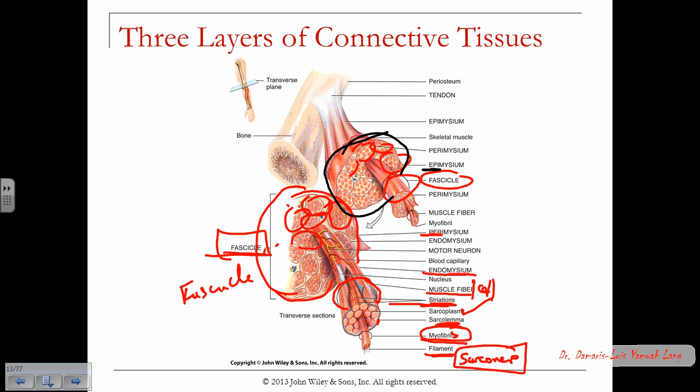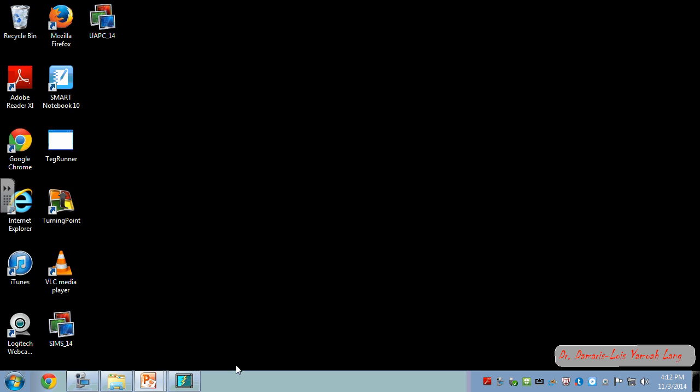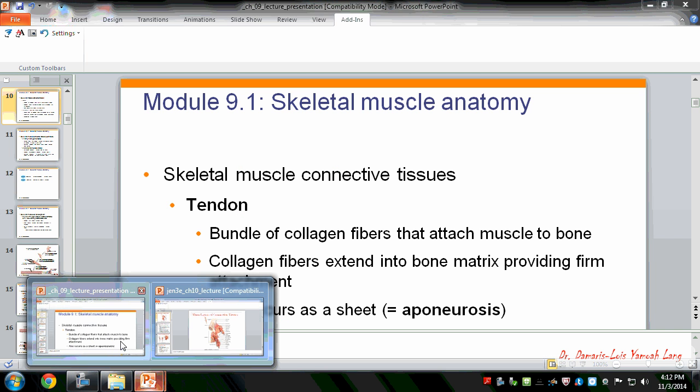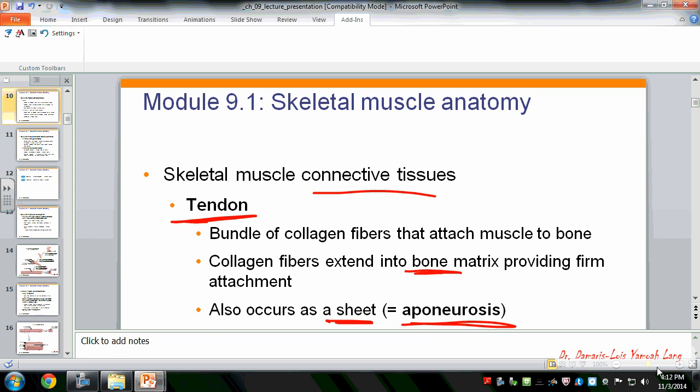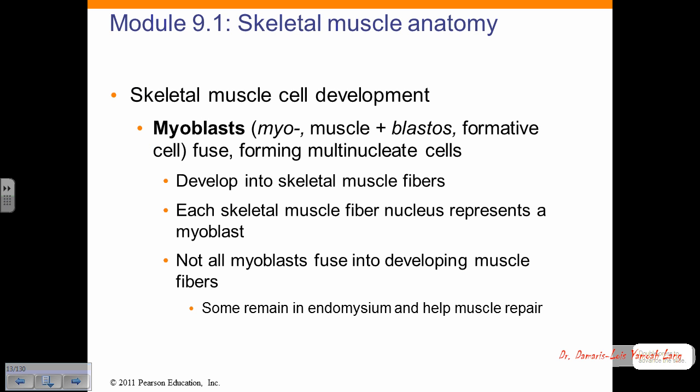Okay, so that's what I was saying. That's what forms the muscle. So this is what I was telling you about how muscles are formed.